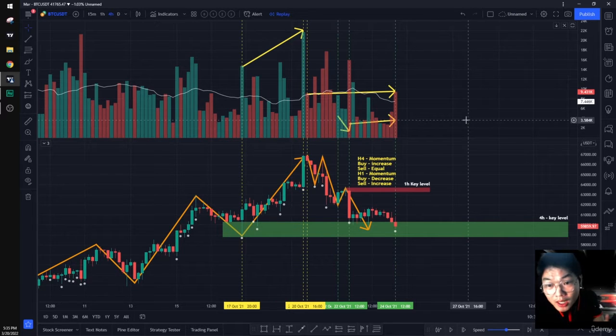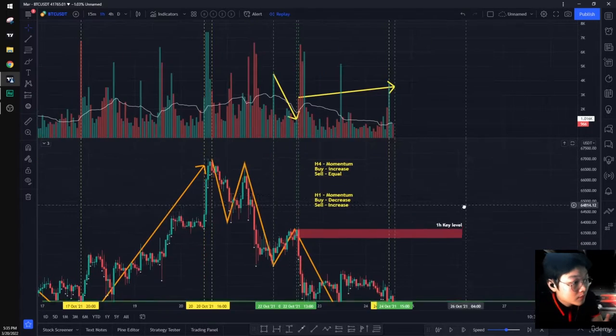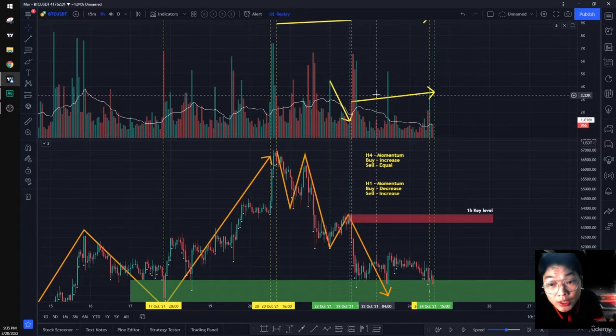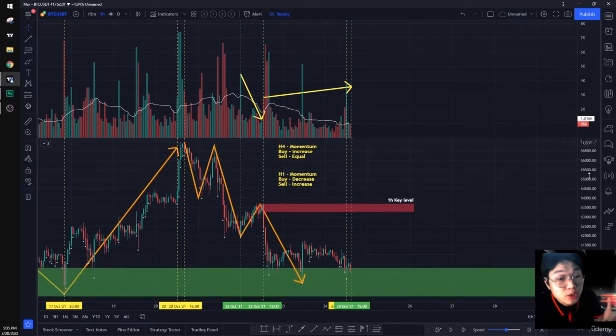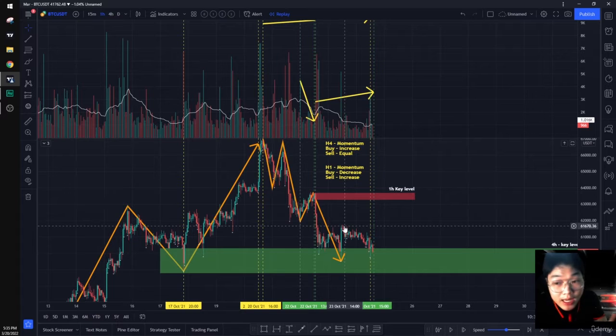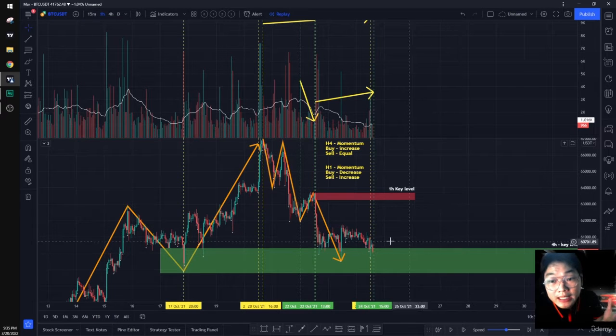But in the 1 hour time frame, momentum at this time, buying pressure is decreased very strongly. You can see that selling pressure is increased, and at this time you can forecast that the market might be sideways within the 4 hour key level and the 1 hour key level.